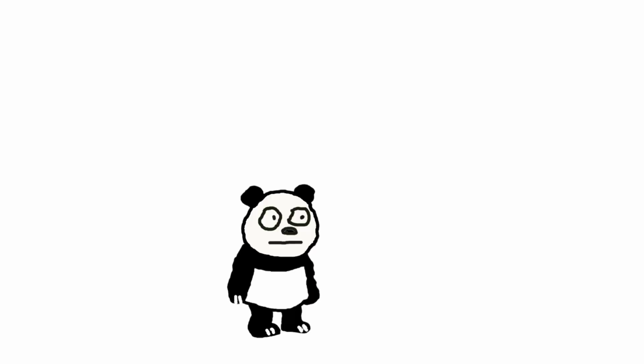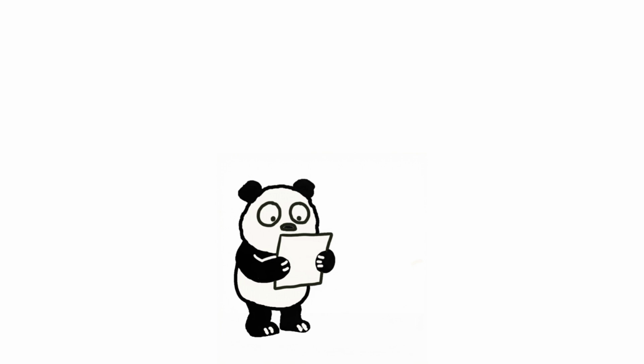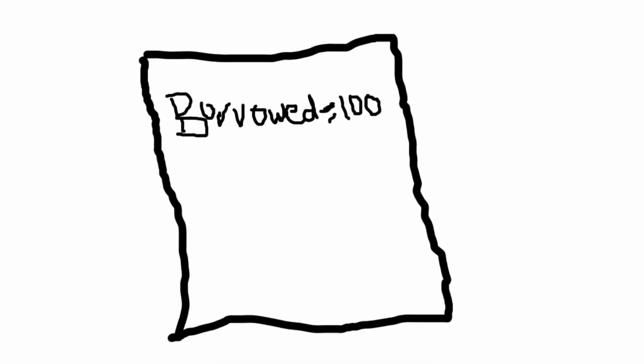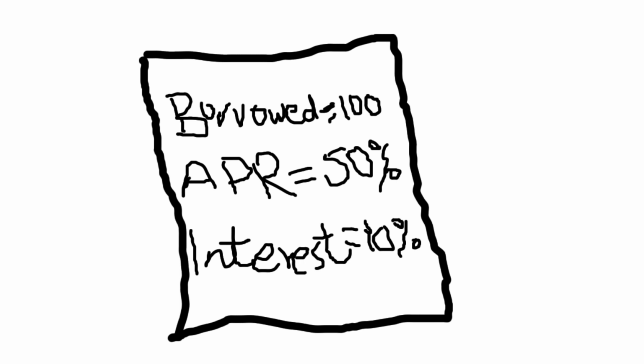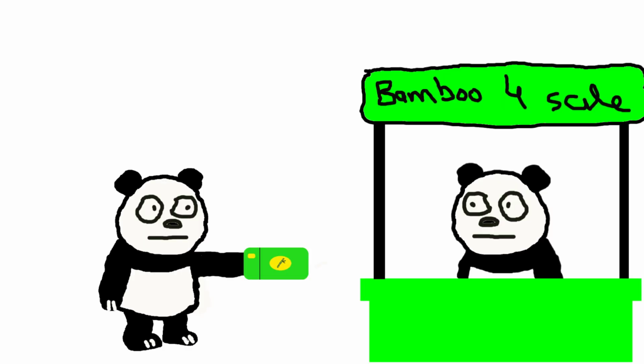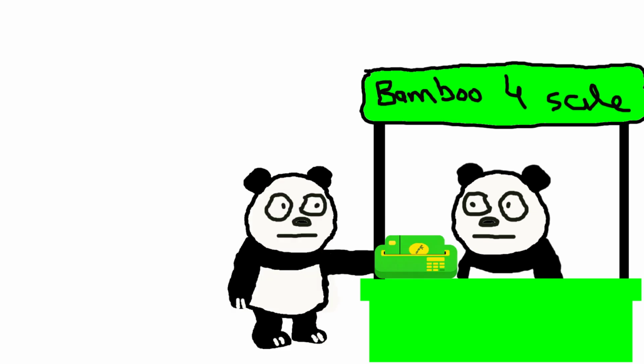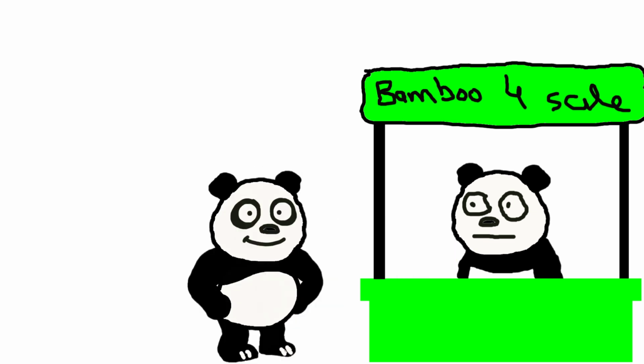Let's look at an example. You borrowed 100 bamboos. The APR is high because, well, it's 2026. Interest is added regularly. Your card says, minimum payment 5 bamboos. You pay the 5. You feel proud.